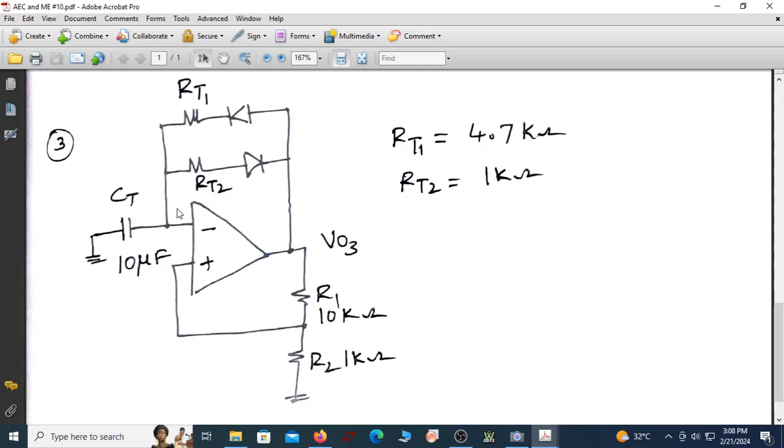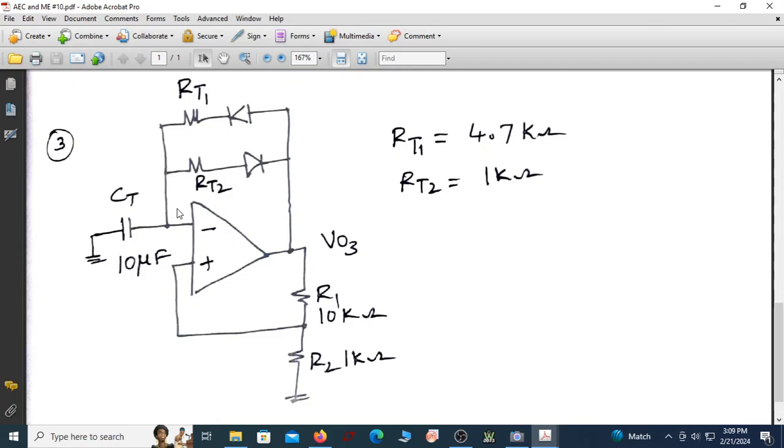I'm just doing the same. It is minus, plus. So there is a feedback through R1, R2. R1 is 10K, R2 is 1K. And I have a capacitor of 10 microfarad. And I have a resistor RT2 through this diode.